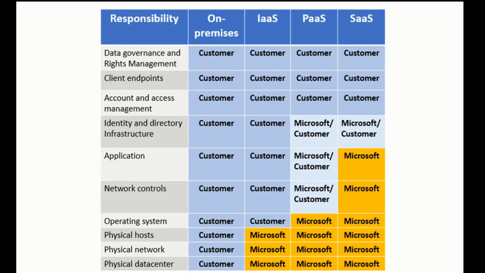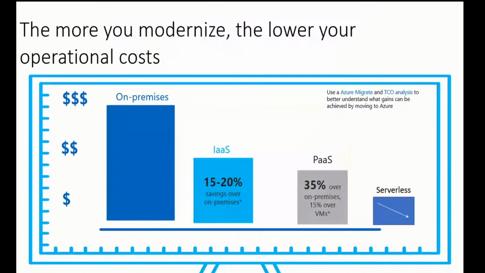So with Microsoft Azure, you can use the PaaS platform to host your applications, meaning you only have to worry about your application and not the underlying infrastructure. That is what Kazeem showed with the App Service plan and creating an App Service, where you really just focused on creating the app. The underlying infrastructure, you're paying for that, but it's all managed by Microsoft in this case. And the nice thing is, the more you modernize, the lower your operational costs.